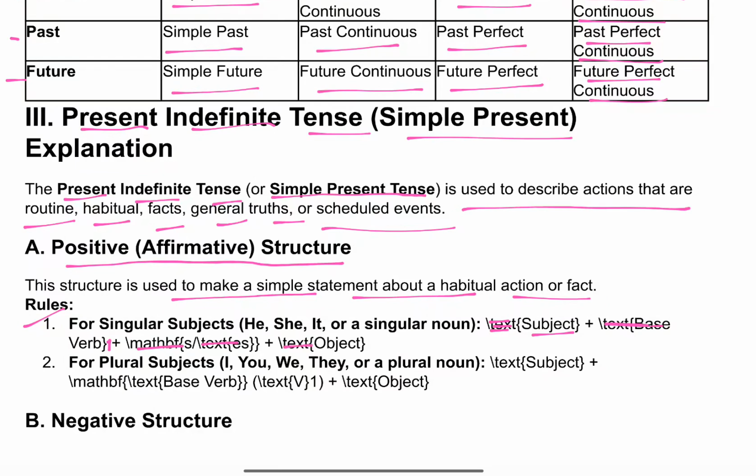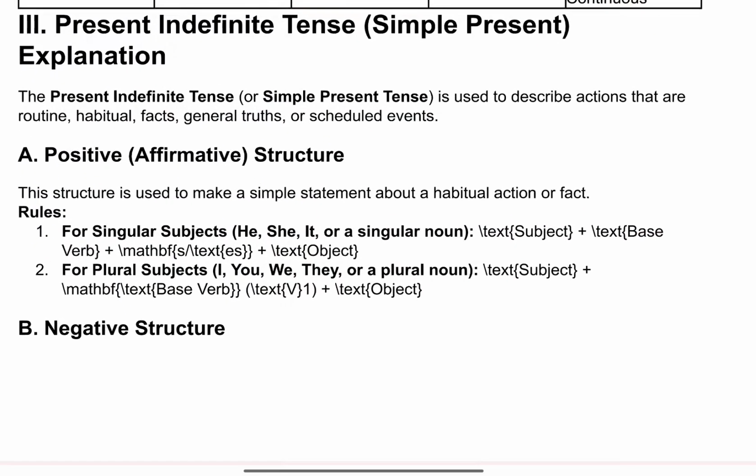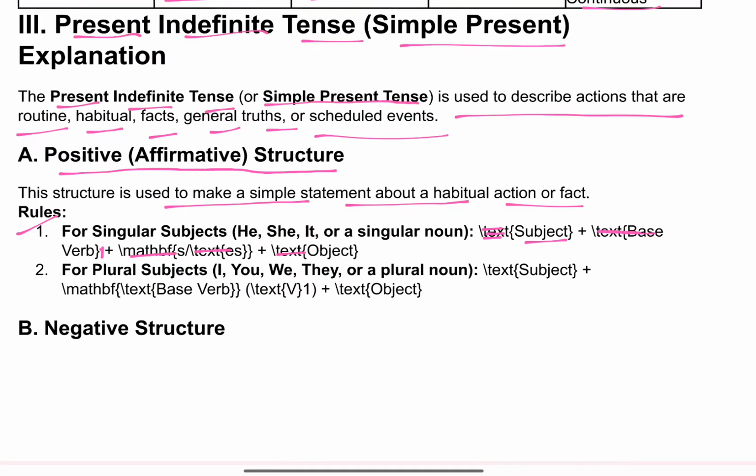If I write here for a singular subject: subject plus verb first form plus s/es plus object. I think you understand this structure very well.